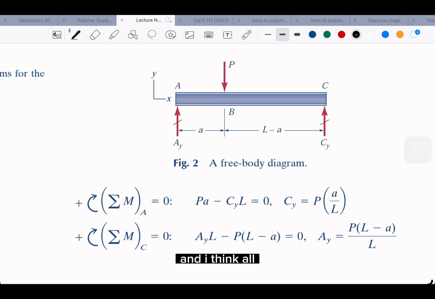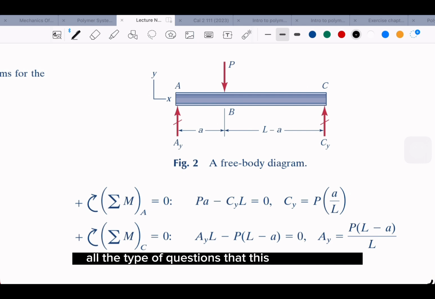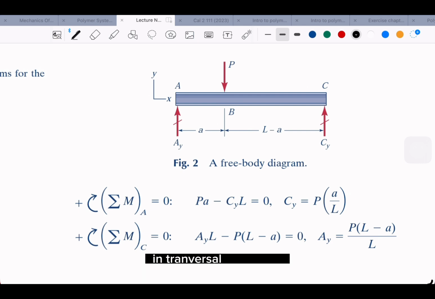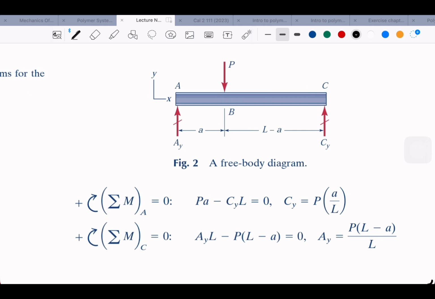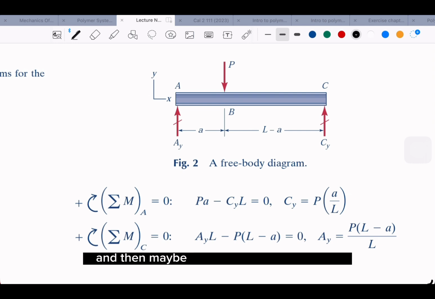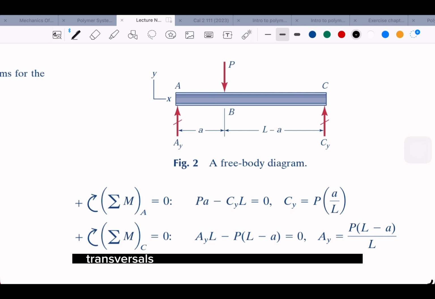Okay, and I think all the types of questions are going to be on transverse shear. If you include non-transversal stress, that may complicate the subject and need another formulation. But let's say we are just focusing on the transversal shear stress and then the moment.